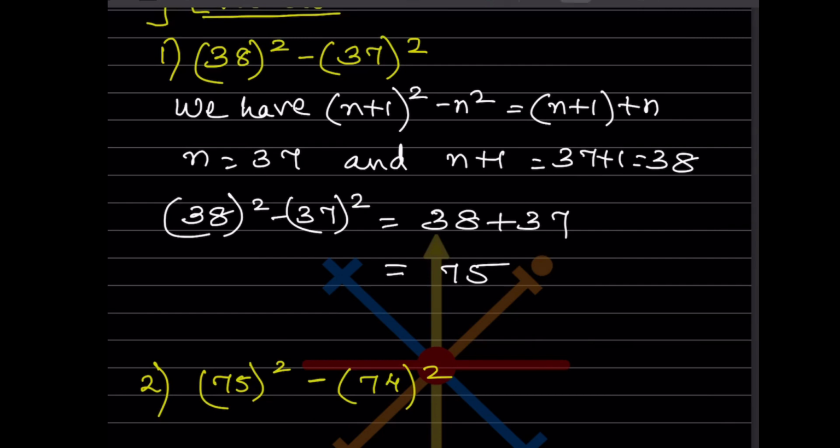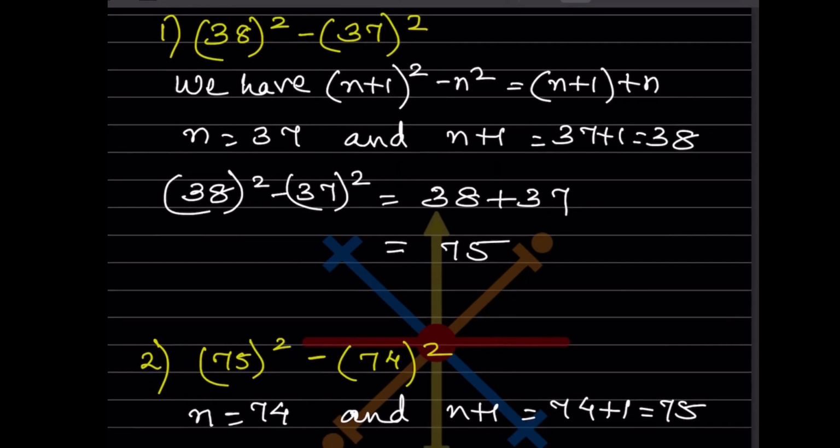So now here what you have, the smaller number is here, this is 75 and here is 74. So now you will write here n is 74. So here n plus 1 will be what? 74 plus 1, that is going to be 75. So now we are going to use the formula.